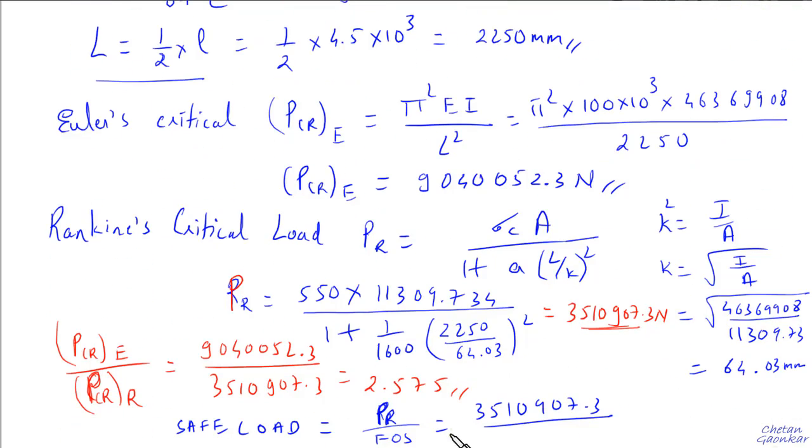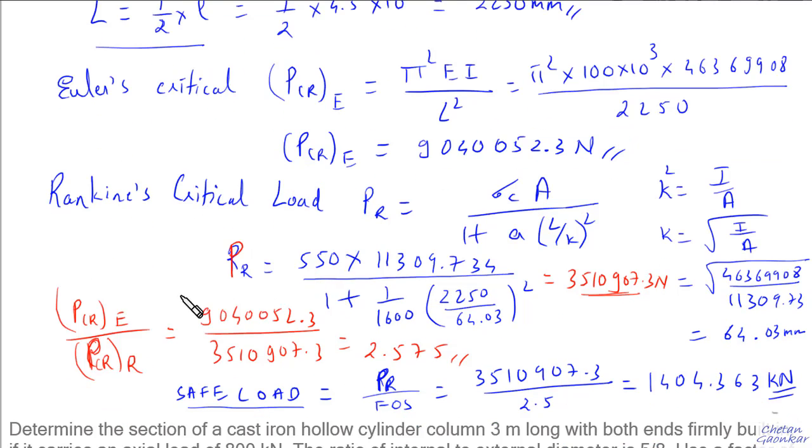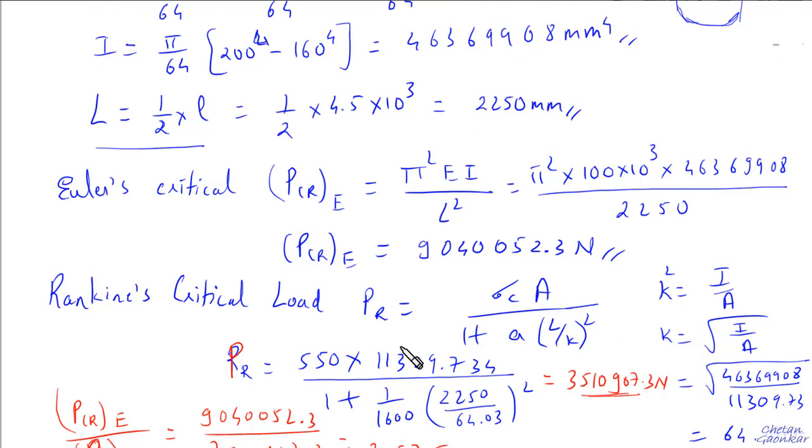Finally we get the safe load as 1404.363 kilonewton. So this is how we can make use of Rankine's critical load formula in order to predict the critical load.